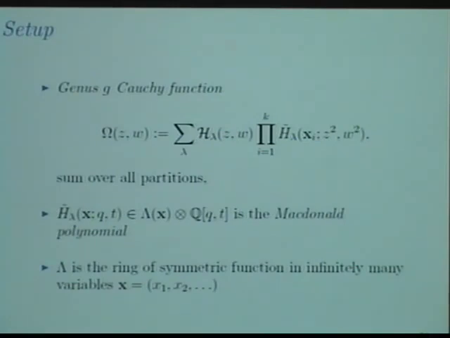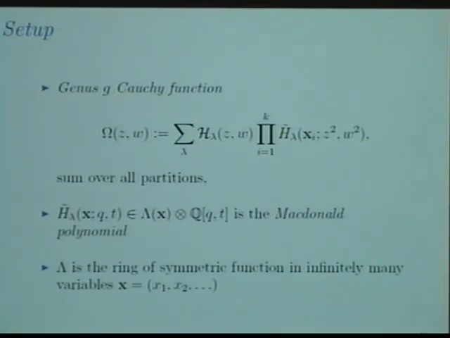Tensoring with Q(q,t) means that the coefficients are themselves going to be rational functions in q and t. These polynomials have proved to be quite important for various aspects of combinatorics, and particularly connections with geometry. And they are themselves deformations of other things that were known before. So that's these guys over here.